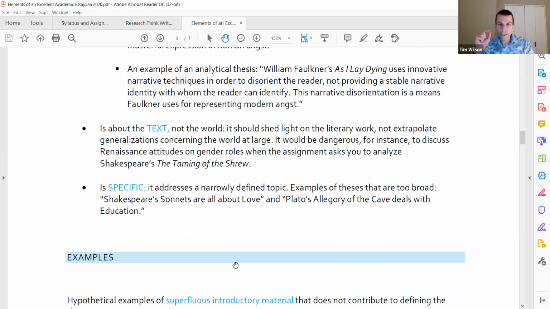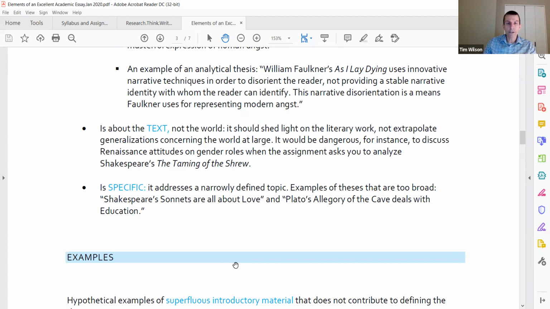It defines a narrowly defined topic. You've got 4 pages, right? People write whole books on one small element of Paradise Lost, like the notion of Satan or Satan and sin in Paradise Lost, and they write huge books. So for it to be at all meaningful, you're going to have to really get specific.